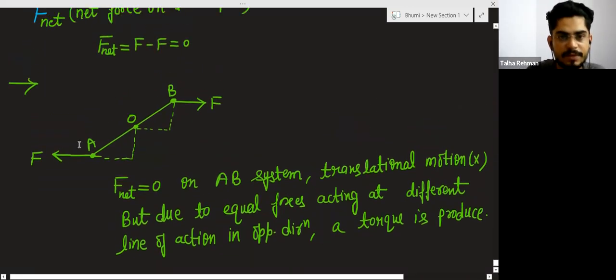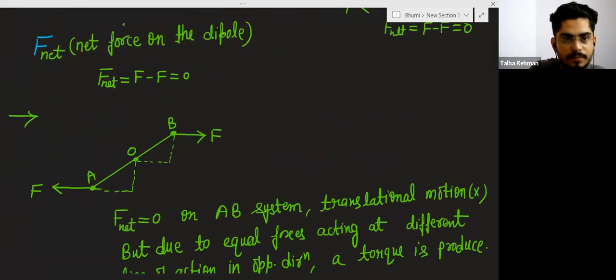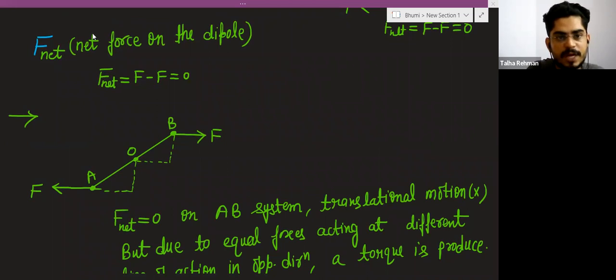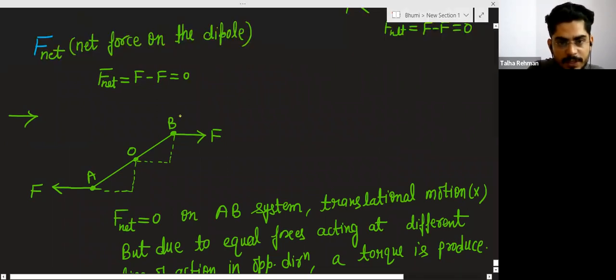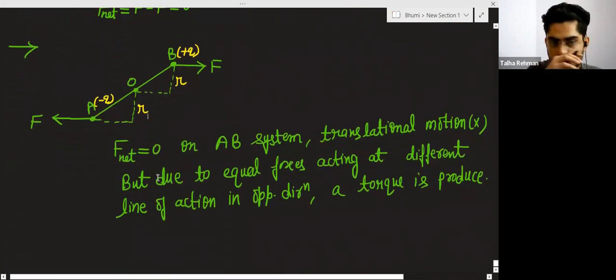And we have a system here. Here a positive charge is placed on B, and on A there is a negative charge. This distance is R and this distance is R. This is the whole dipole system.